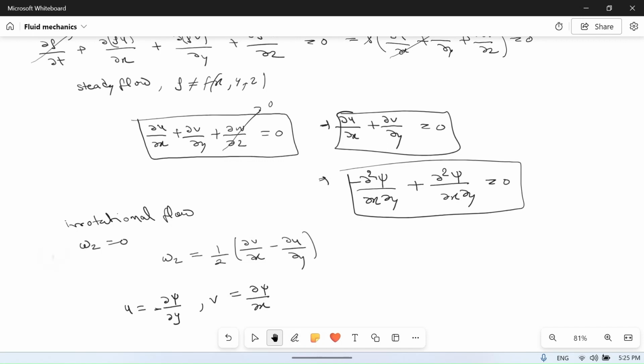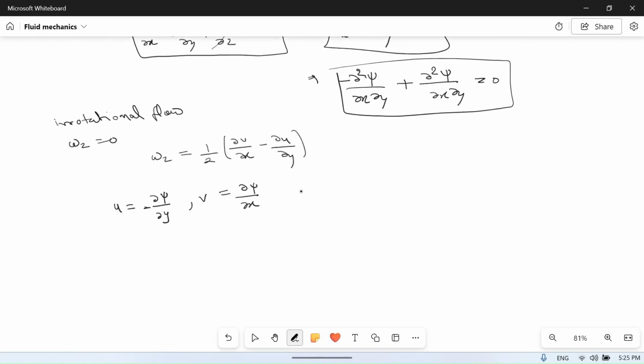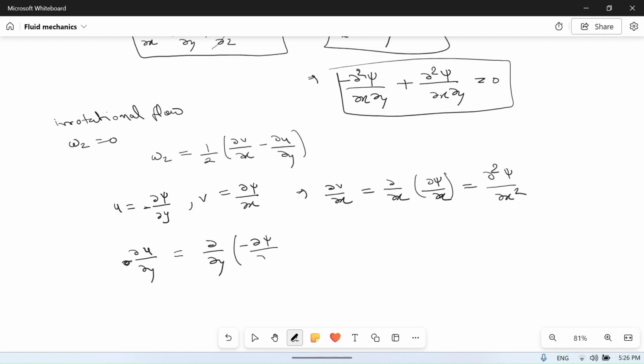So from here we can write that del v upon del x is equal to del upon del x of del psi upon del x, which will be equal to del square psi upon del x square. Similarly, del u upon del y is del upon del y of u, and u is minus del psi upon del y, so it will become minus del square psi upon del y square.